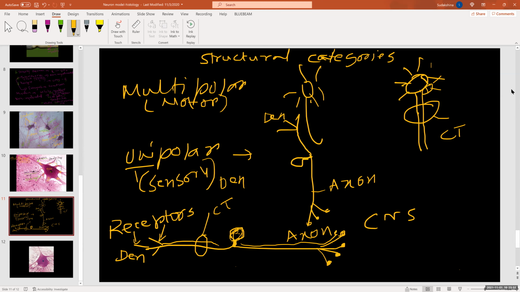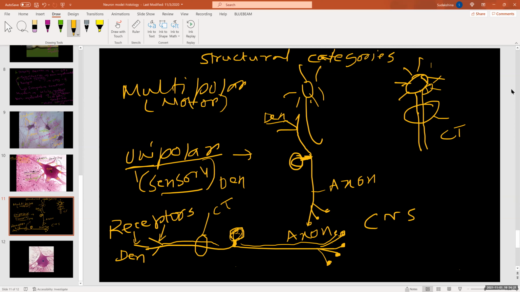So structurally, neurons can be multipolar like this: one cell body, many poles, at least one axon. Unipolar, motor neurons look like that. Unipolar, meaning one cell body, one pole coming off there, and that pole is dendrite on one end, axon on the other end. Unipolar. Sensory neurons look like that.